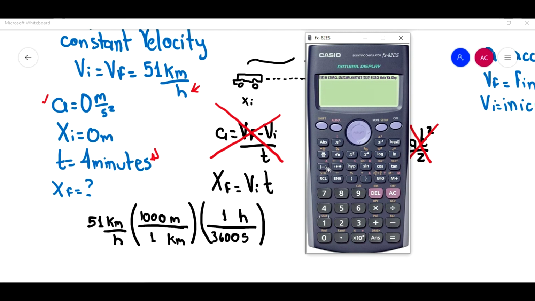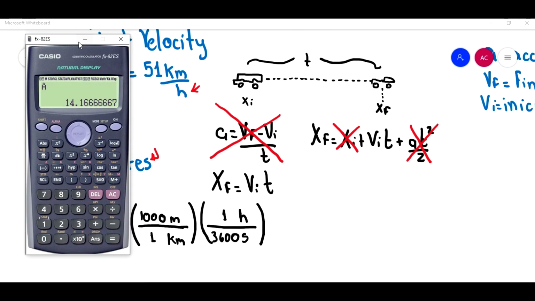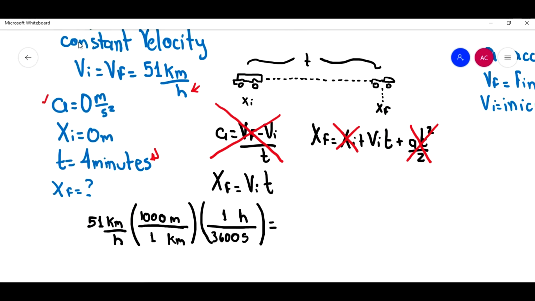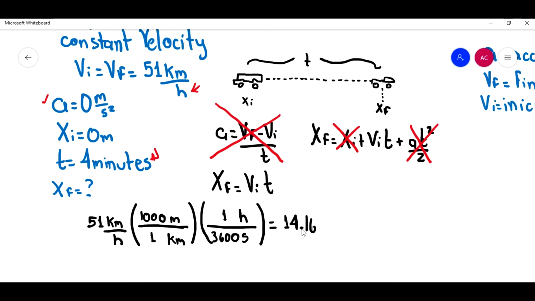Okay, alpha A, so I can see that I saved it properly. So I'm going to write here that this is 14.16, only 2 decimals, meters per second.